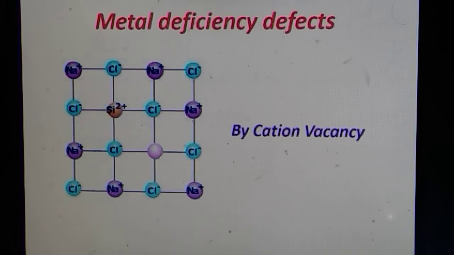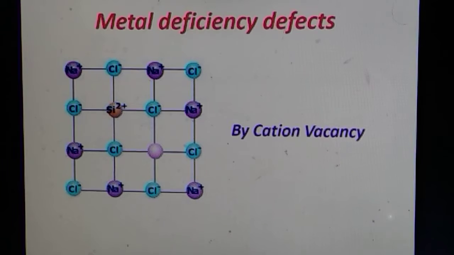Number 2: this defect is shown by FeO, ferrous oxide, FeS, ferrous sulfide, etc. Three Fe2+ ions are replaced by two Fe3+ ions. The electrical neutrality is maintained, but the solid contains less amount of iron atoms. The same is true for NiO: three Ni2+ ions are replaced by two Ni3+ ions.